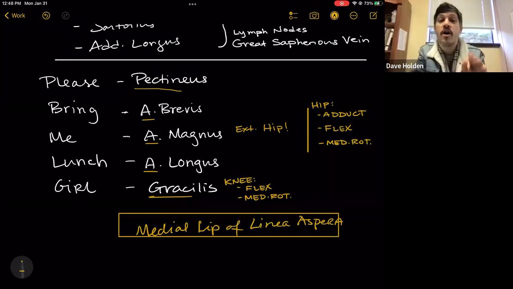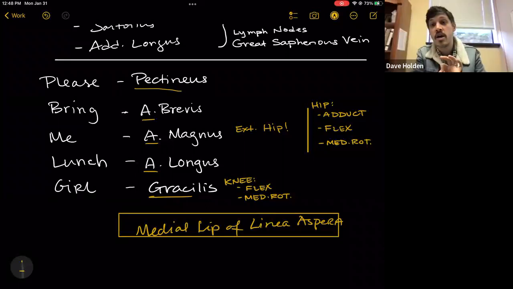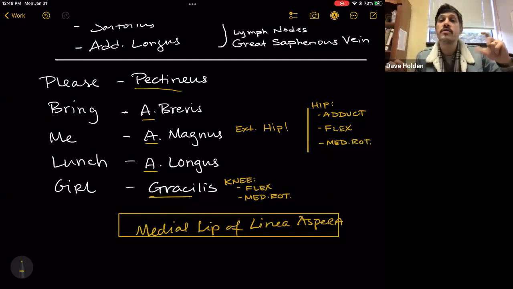So all 3 of those actions, adduction, flexion, medial rotation, that's what the muscle does. So when we adduct, flex, and medially rotate the thigh, that muscle is shortening as much as it can. To lengthen the muscle as much as we can, you want to do the opposite of every action that muscle does.